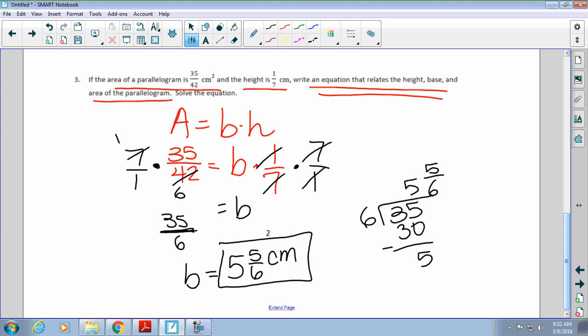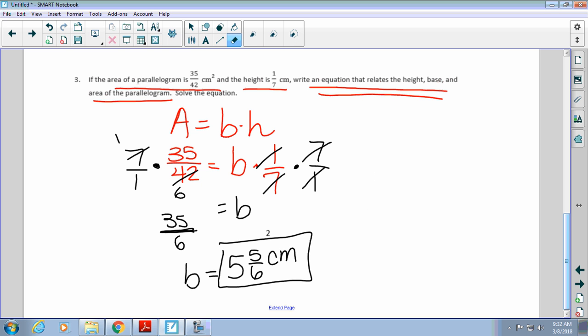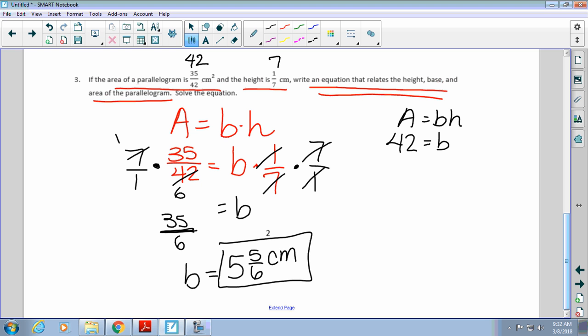I'm pretty sure you would not struggle with this problem if I were, I'm going to change it for a second. All right? If we were to change this, let's just say this were 42 and 7. All right? So if we said the area is 42, the base, we don't know, the height is 7.